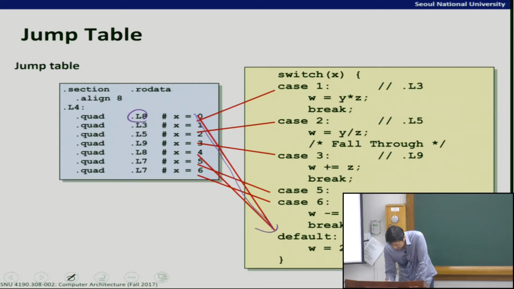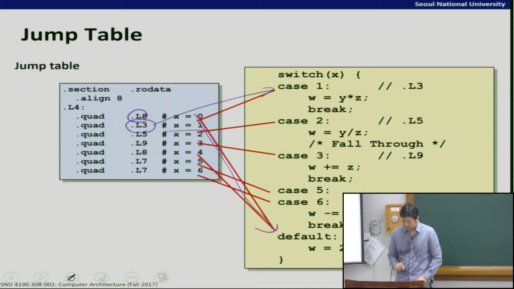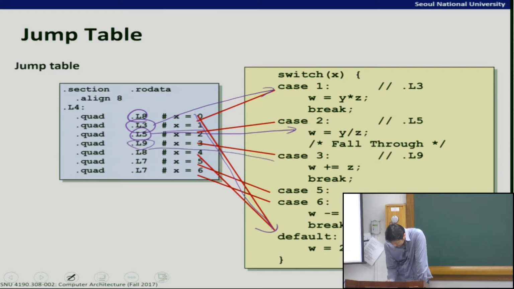In case of case 1, it points to the code block L3. L3 starts here, this is x equals y times z. Case 2 is here, so it's pointed to by L5. The third one is pointed to by L9.